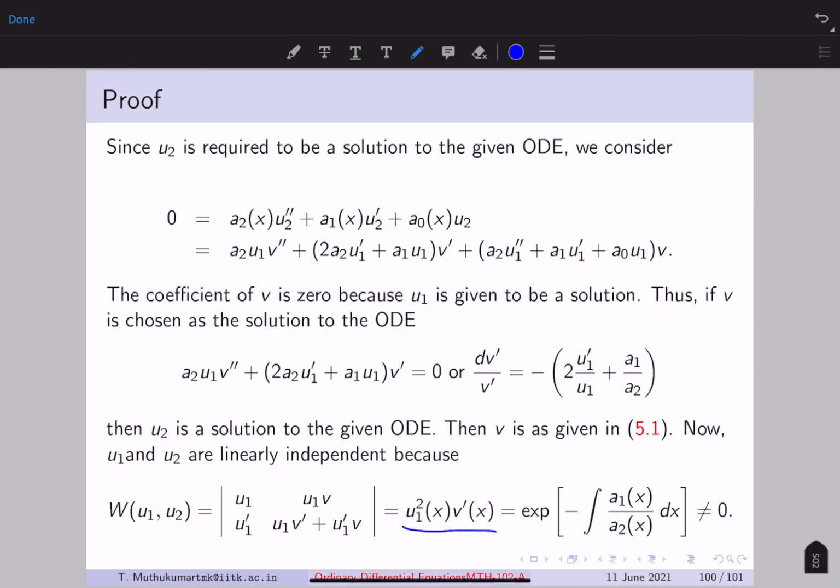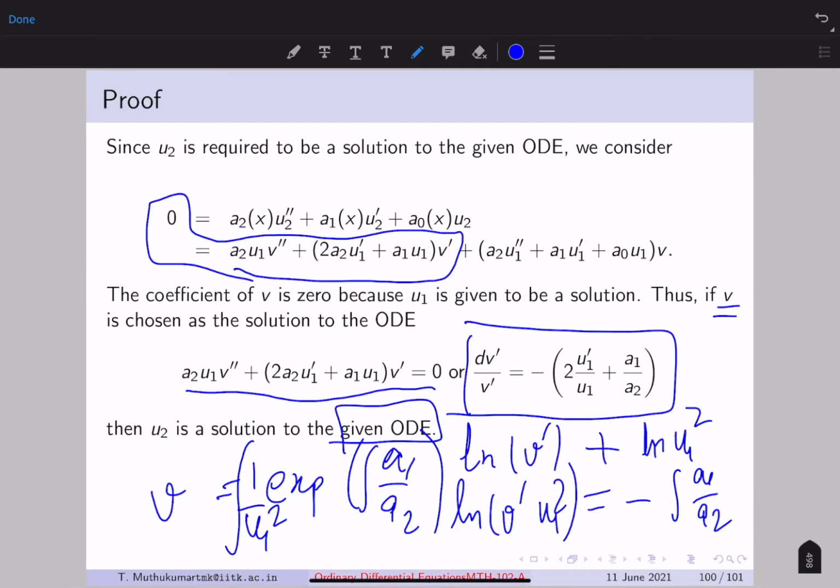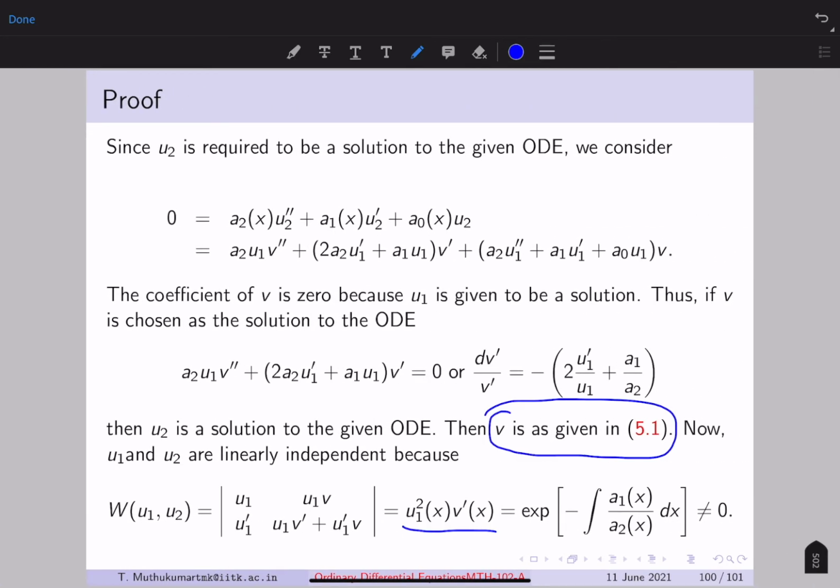But u1 square v prime, we already got it when we solved for v. Use that information, so we get an exponential of something, and that exponential should be non-zero, which means the Wronskian is non-zero, which means u1 and u2 are linearly independent.